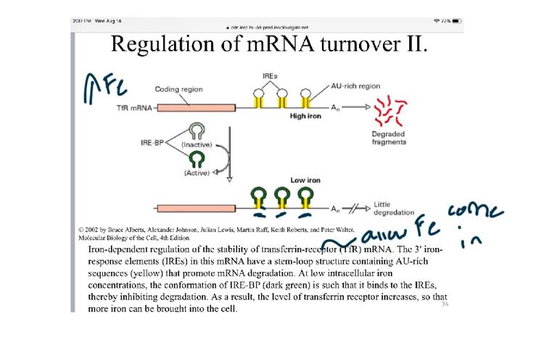So by preventing the degradation of that strand, we allow that mRNA transcript to get translated, and we can now insert these receptors into the membrane, allowing more iron to come in. Okay, so essentially, we're going to turn this into a high iron environment by transcribing and translating this mRNA segment that gets stabilized by this protein here.